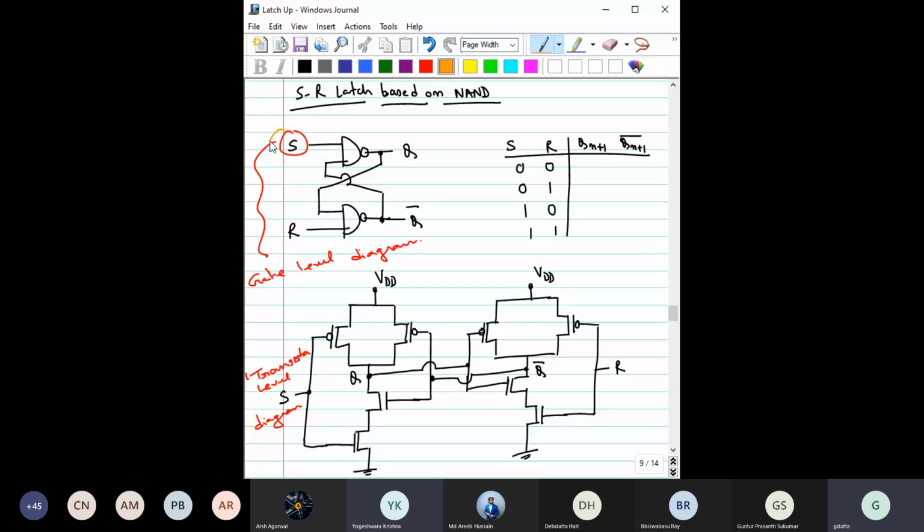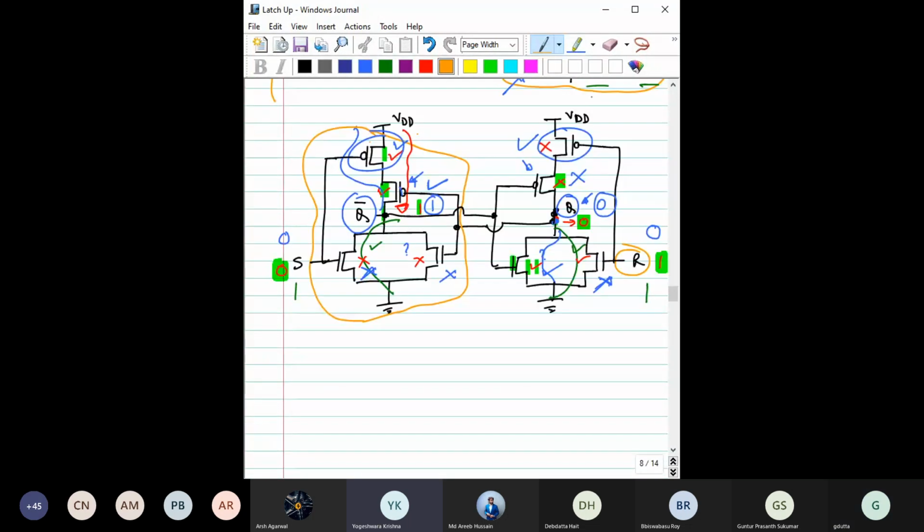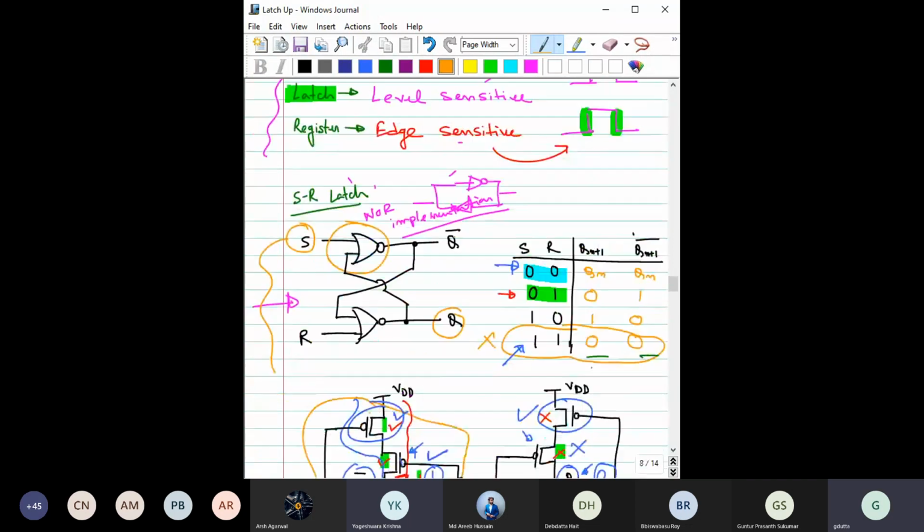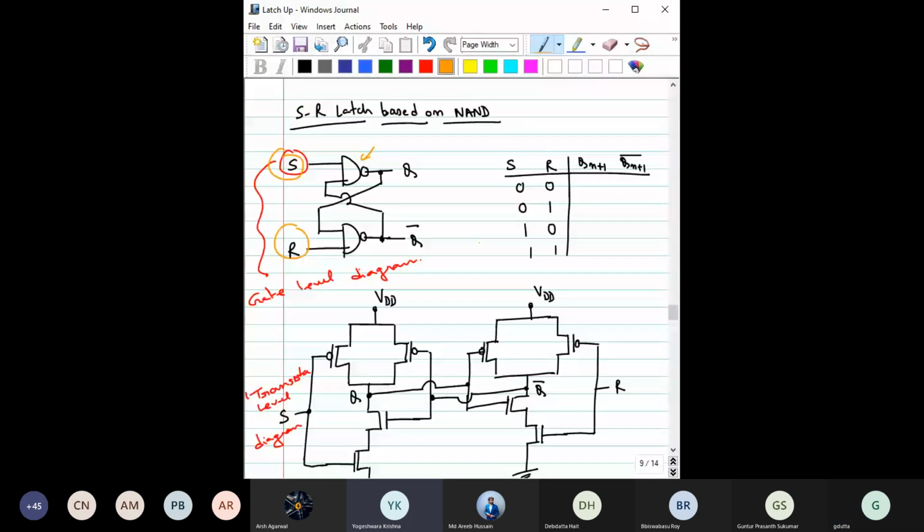So here, when you have S and R and you are using NAND gate, earlier with S you were getting Q bar. I hope you know that, right? But for this NAND implementation, this would be Q and this would be Q bar, right? So similarly, can you not fill this truth table?